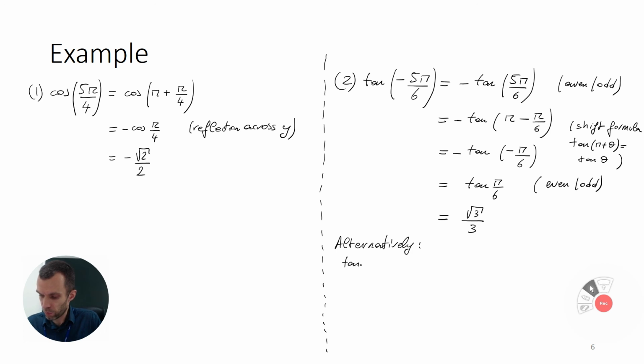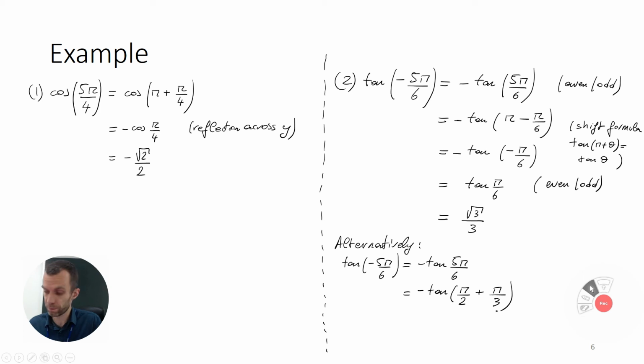If we have the first step and we replicate that, then we can write this as minus tan of pi over 2 plus pi over 3.